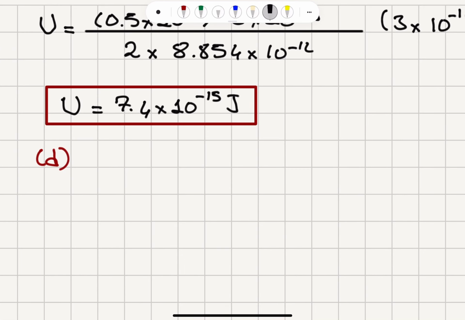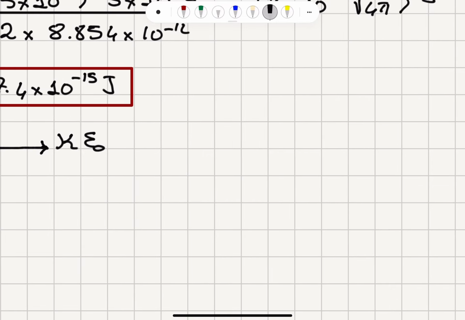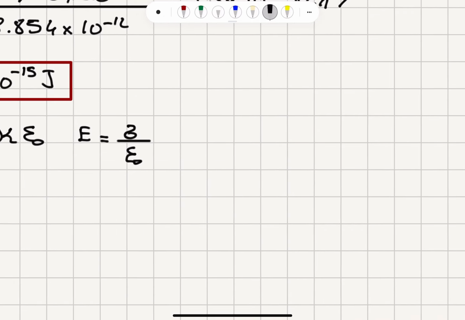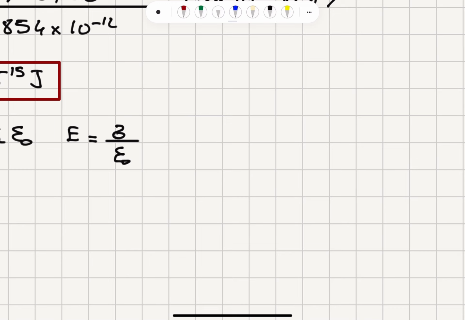Okay, now when we have a dielectric, the permittivity of free space epsilon 0 is going to be replaced with the dielectric constant kappa multiplied by epsilon 0. So the electric field magnitude, instead of being sigma divided by epsilon 0, will become E prime equal to sigma over kappa epsilon 0.